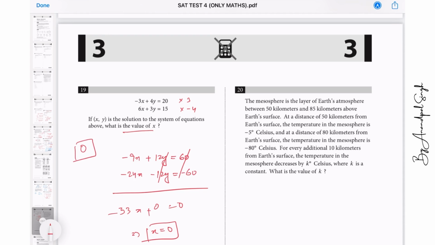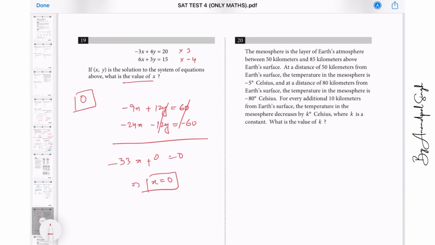The mesosphere is the layer of the Earth's atmosphere between 50 and 85 kilometers. At a distance of 50 kilometers from the surface, the temperature in the mesosphere is minus 5 degrees Celsius.